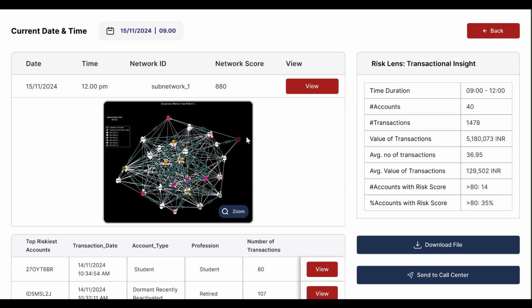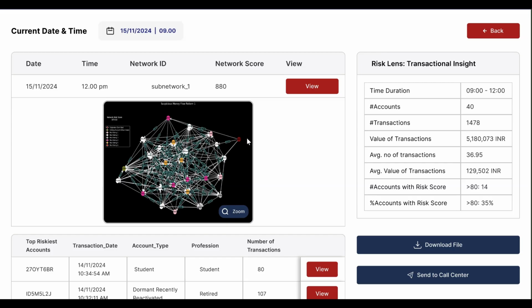Also provided is information about the accounts which are involved in this particular network, as well as the KYC. Various information which could help in further improving the investigation quality. So KYC status, the profession, the account type distribution, and so on. Now, this information, because it is initially validated, can be sent to the call center.